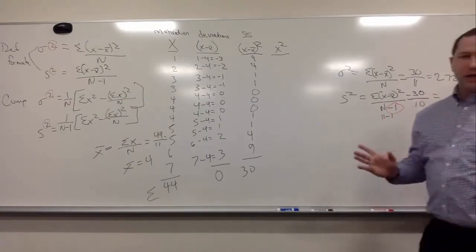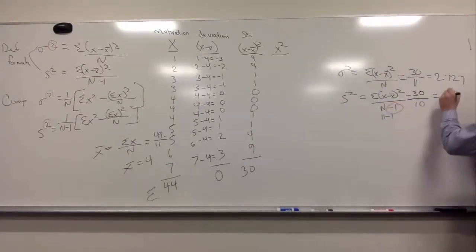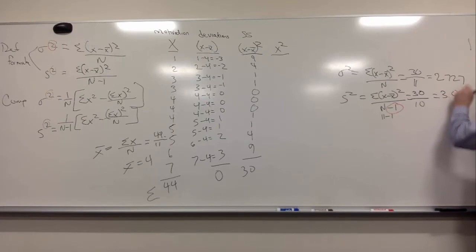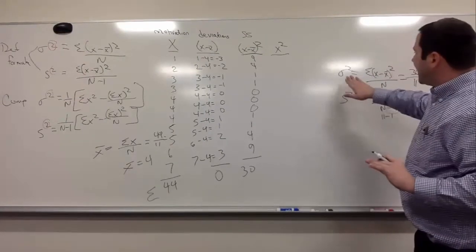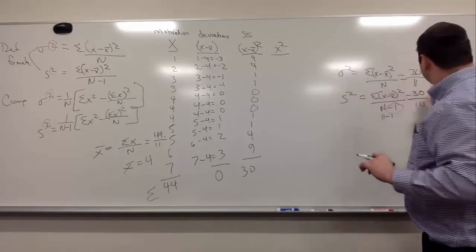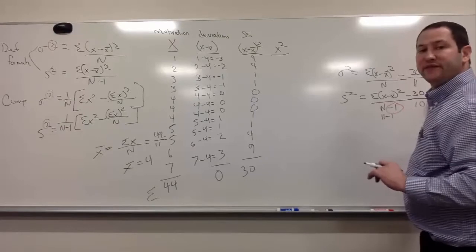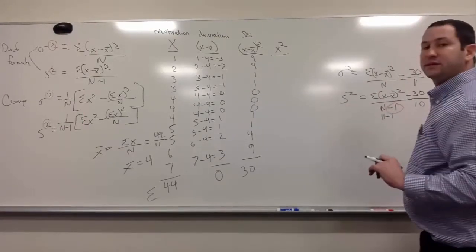So 30 divided by 10 gives you a variance of 3.000. Okay, so notice our population variance is 2.727. And notice our sample variance is 3.000, or 3.